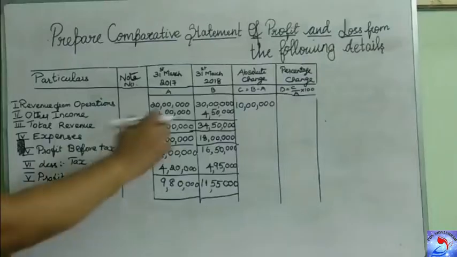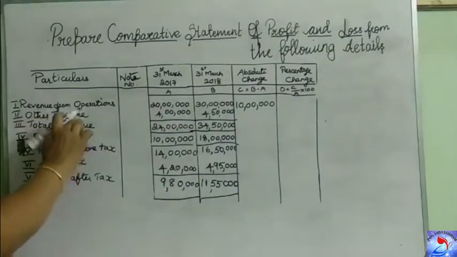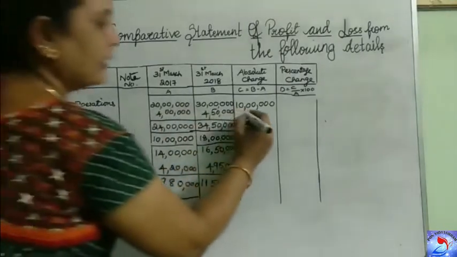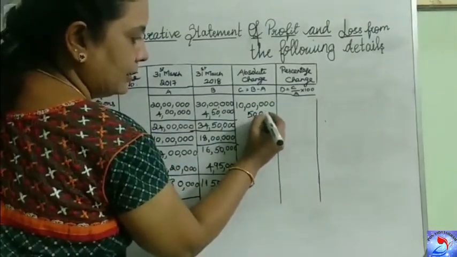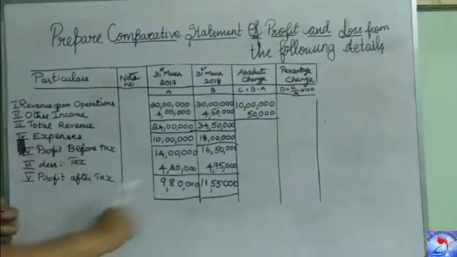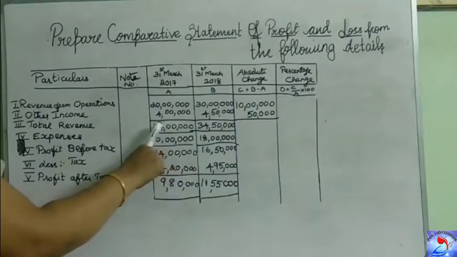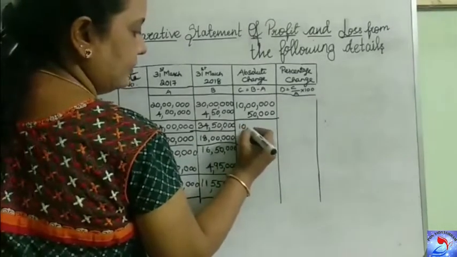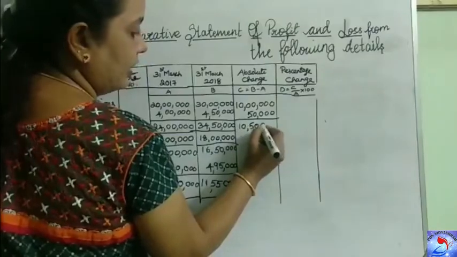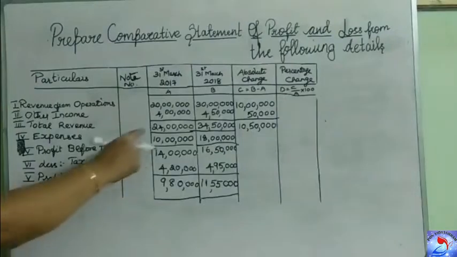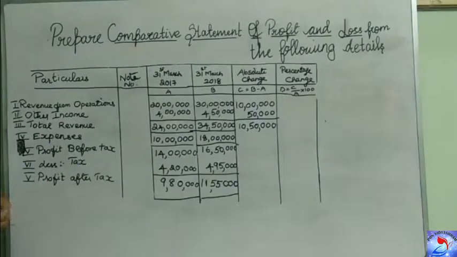Now for other income, 4 lakh 50,000 minus 4 lakh gives 50,000. Then for total revenue, 34 lakh 50,000 minus 24 lakh gives 10 lakh 50,000.